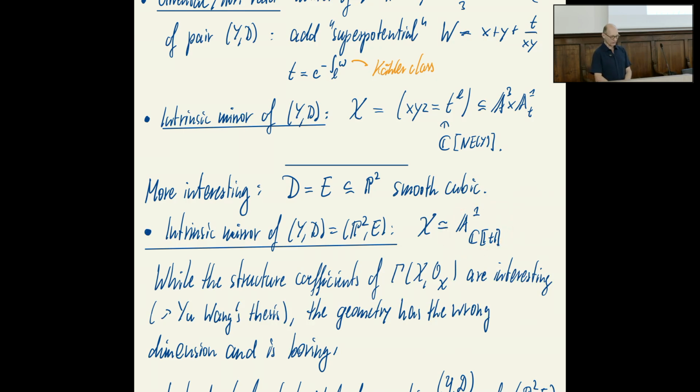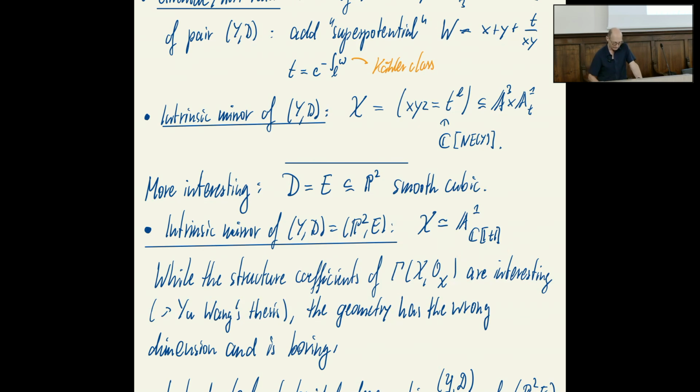So that looks totally boring. It is not entirely boring, because our construction comes with a canonical basis of the coordinate ring, and you do get structure coefficients, which do have enumerative meaning. Mark had a student, Yu Wang, and he investigated the enumerative meaning of the structure coefficients in this case.